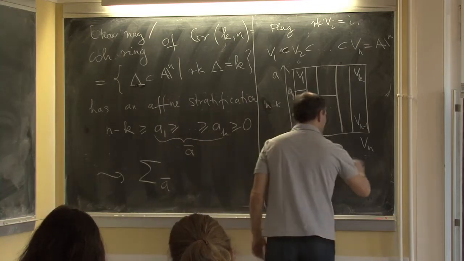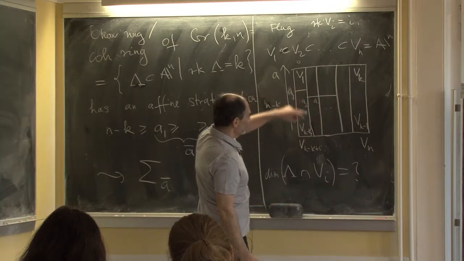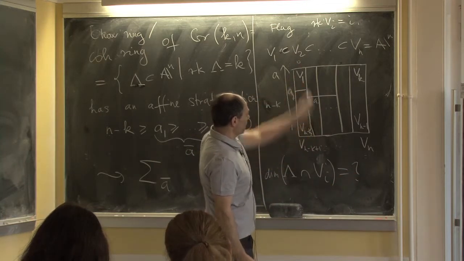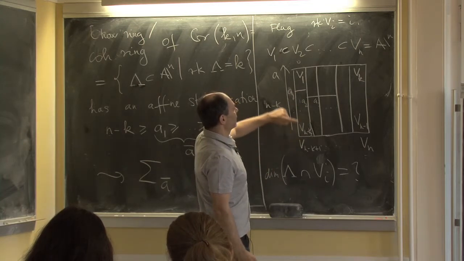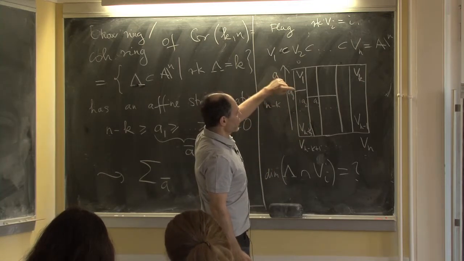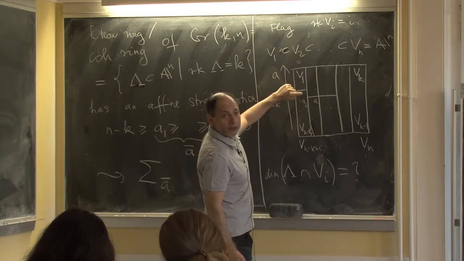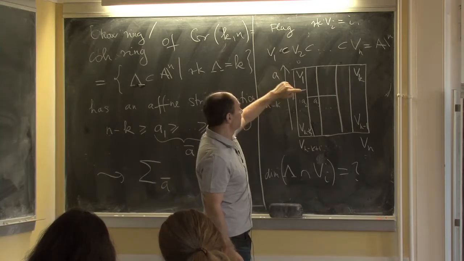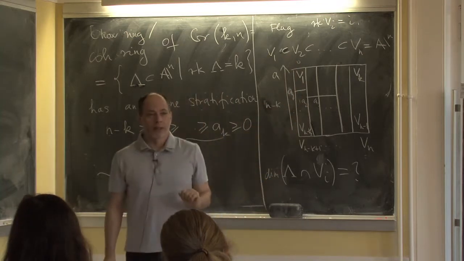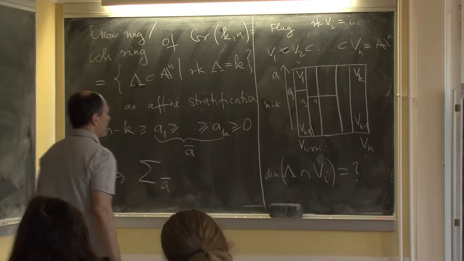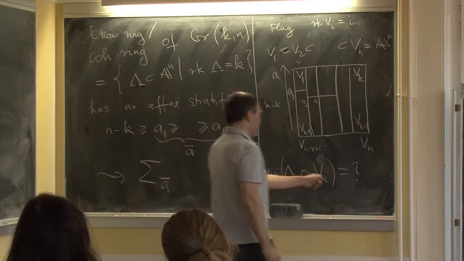This is what we're looking at. And so what this table tells you is that in the ith column, you're looking at which is the smallest v which still intersects lambda along that many dimensional, well, when this dimension is that.